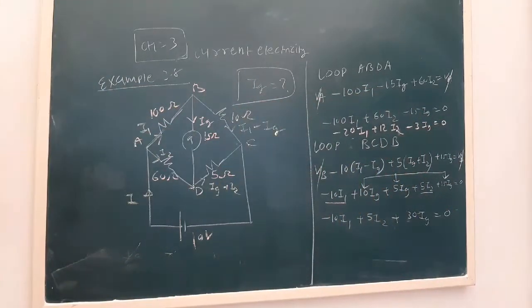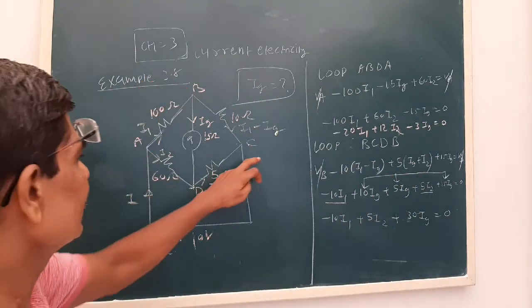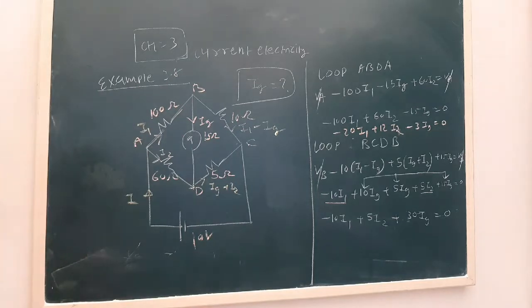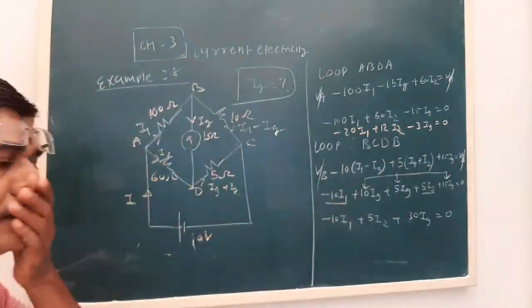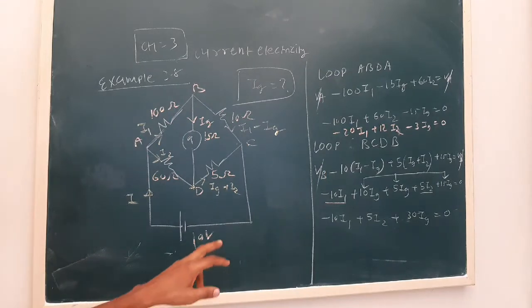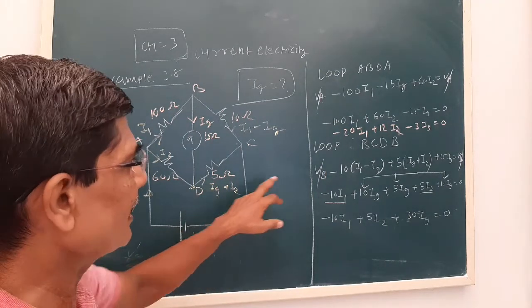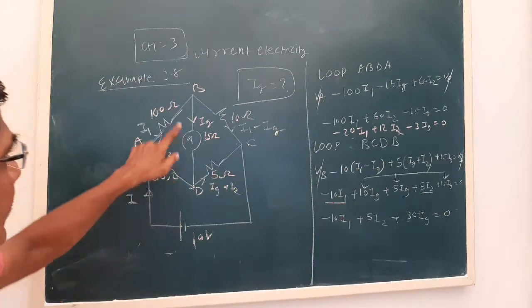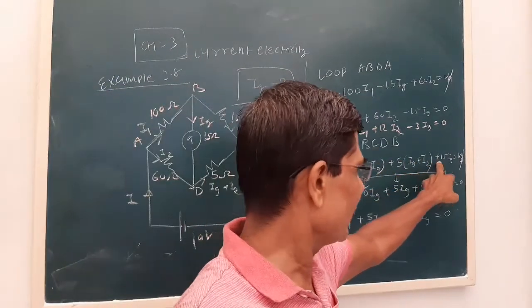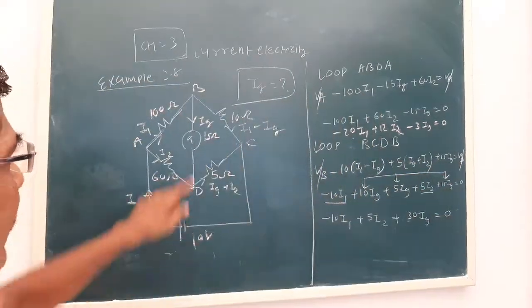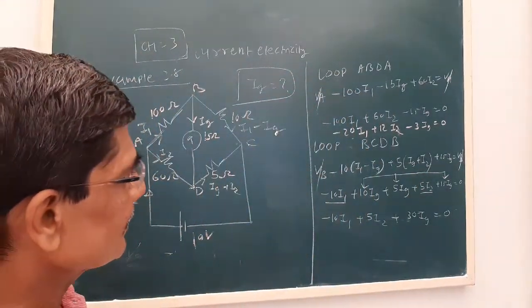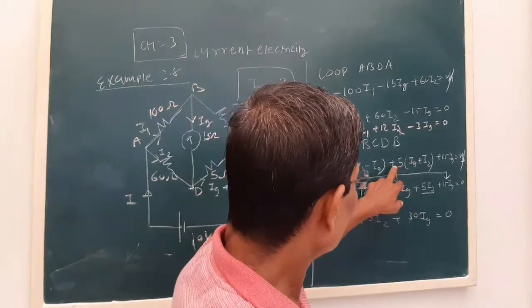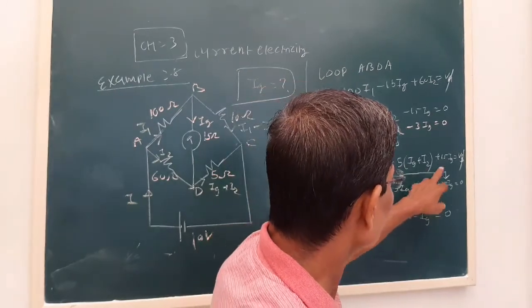Now take loop BCDB. So VB minus 10 times I1 minus Ig. In CD we are moving in the opposite direction of the current, so it will be plus 5 times Ig plus I2. In DB we are moving in the opposite direction, that is plus 15 Ig. We come back to the same point, so the potential is VB. So minus 10 I1 plus 10 Ig plus 5 Ig plus 5 I2 plus 15 Ig.